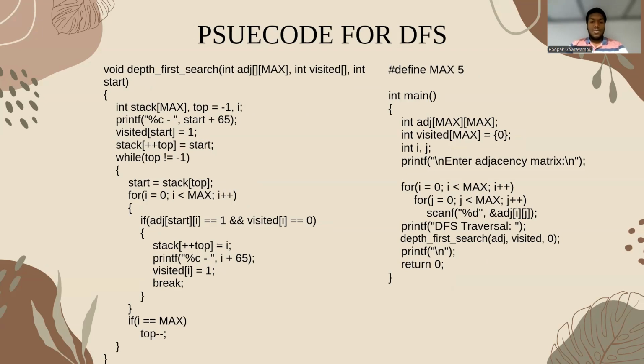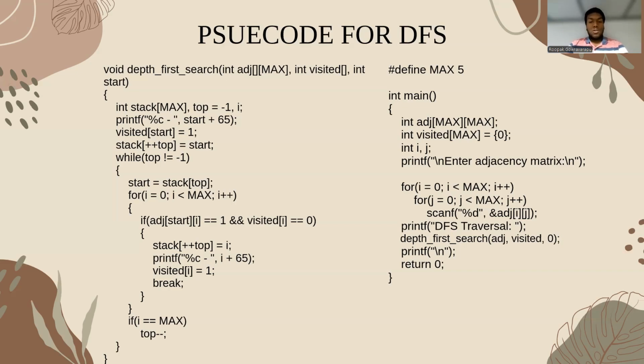The line printf %c, start + 65 prints the starting node in alphabetical form. Then visited[start] = 1 marks the starting node as visited. Next, stack[++top] = start increments the top value and pushes the starting node onto the stack. Then we enter the loop while top is not equal to -1, which means continue until the stack becomes empty.